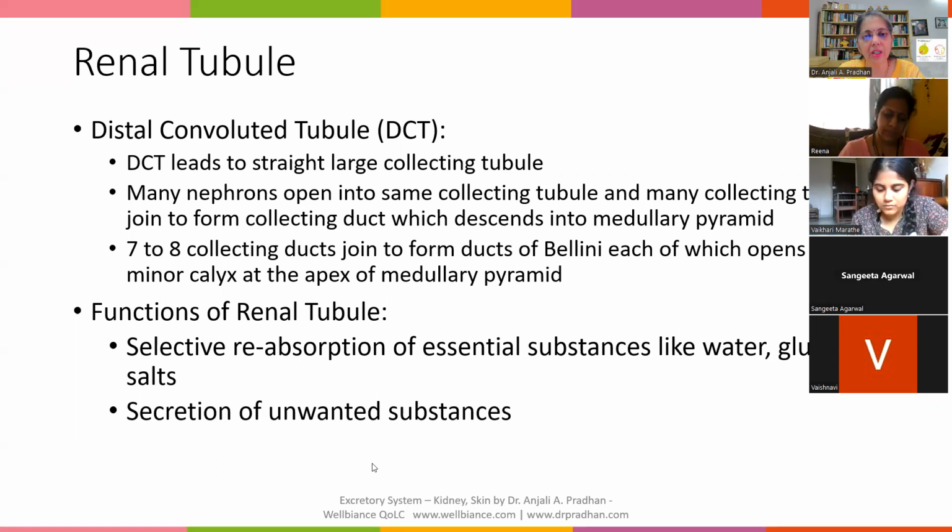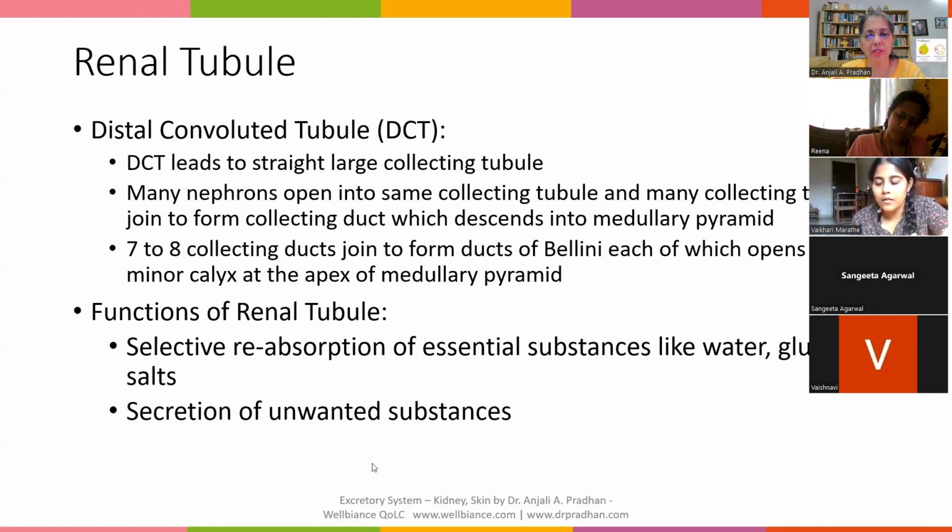And secretion means from capillary to tubule. Okay? I will repeat once again because these two words are very important. Reabsorption means from the nephron, the tubule of the nephron, from that tubule to capillaries and again into circulation.